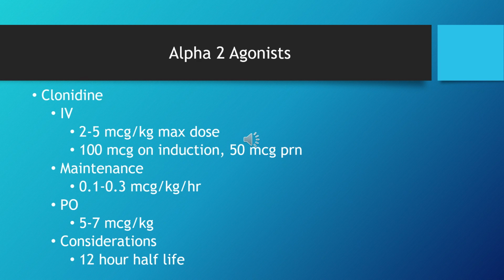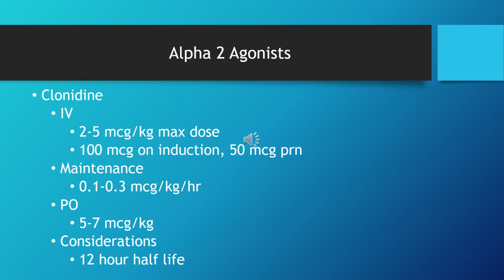However, it has a 12-hour half-life, which can be a double-edged sword. The beneficial effects of clonidine can last for a long time after surgery, but if the patient gets too much, they will be sedated and hypotensive for a long time.